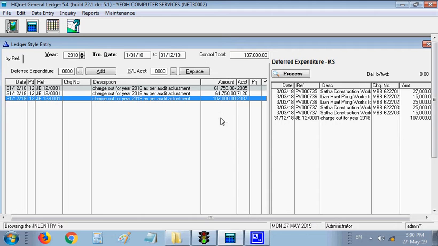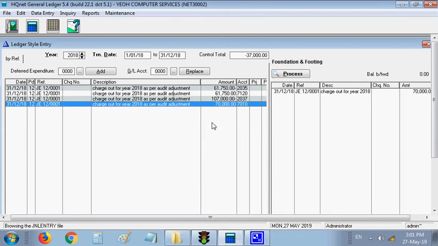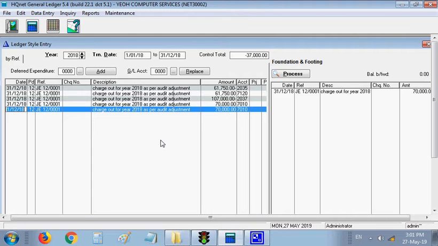Deferred expenditure KS. Now I'm going to deduct this out. We'll charge out 70,000 to this, and the balance of 37,000.